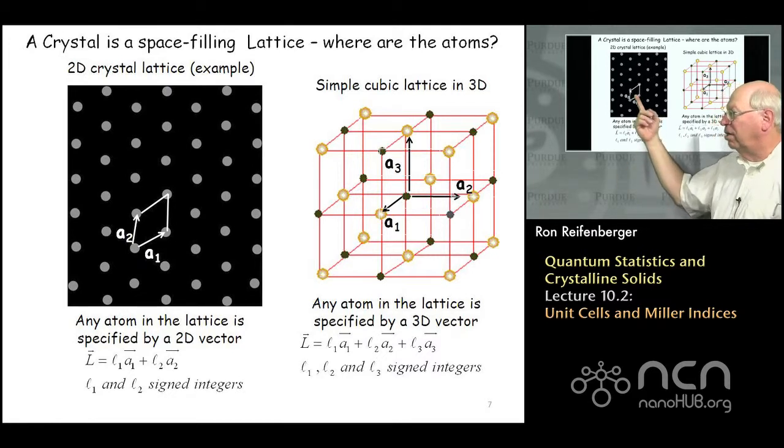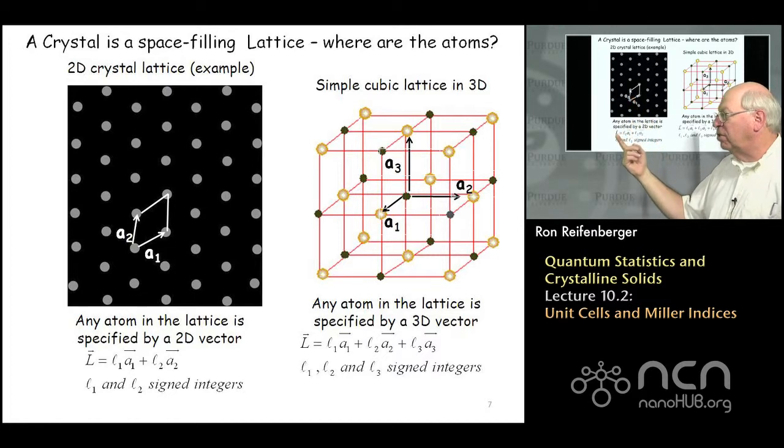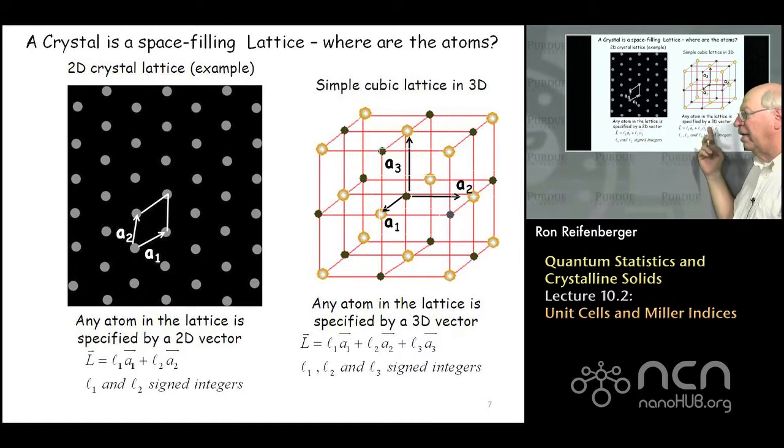And if this is a good choice for a unit cell, then you can specify the location of any other atom in this crystalline solid as an integer times the vector A1 plus an integer times the vector A2. In 3 dimensions, you just extend this definition into the third dimension, and so now you've got vectors A1, A2, and A3, which define the position of atoms with respect to some coordinate origin.